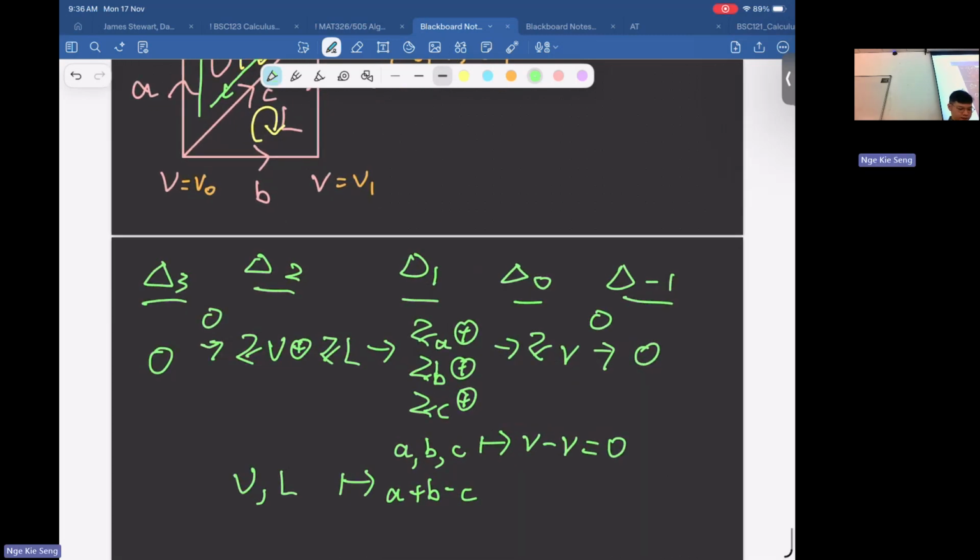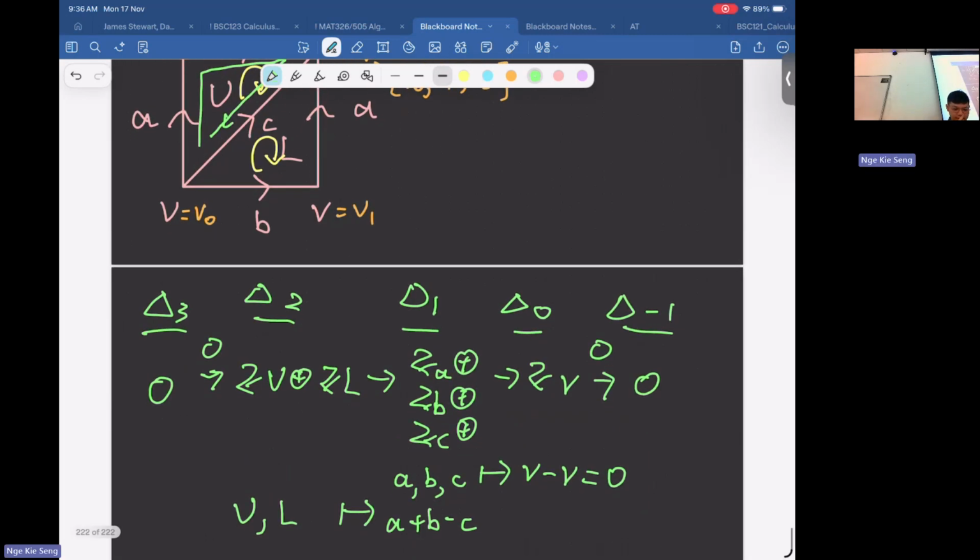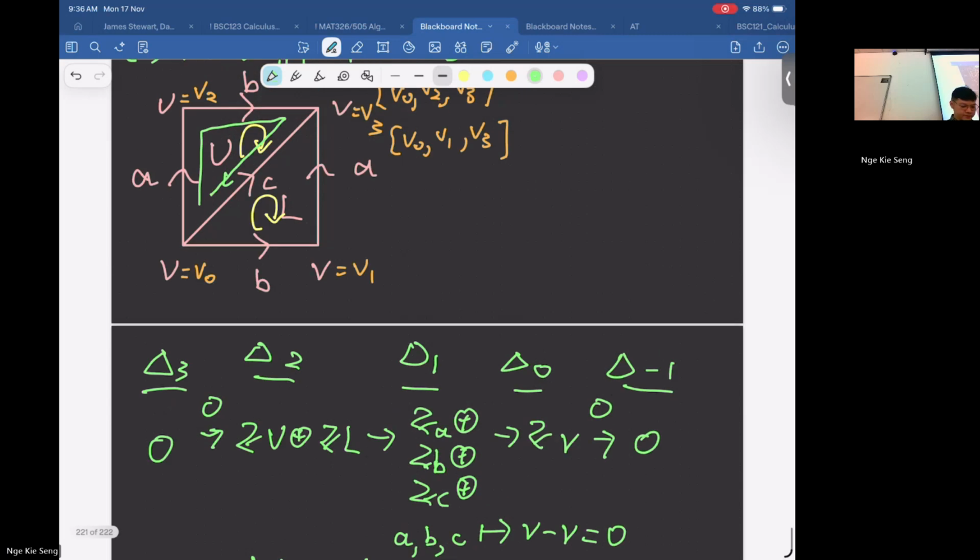And then for the other case, what do you get? Am I doing the right thing here? Okay, minus C. Let me think. Why did my L choose the other way around inside my notes? Huh? What do you mean?